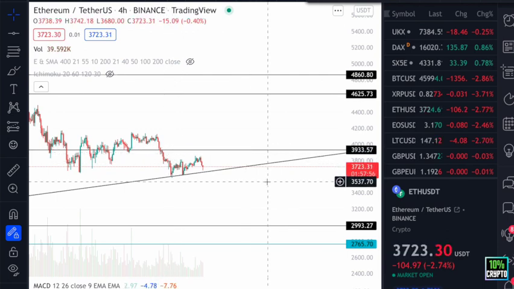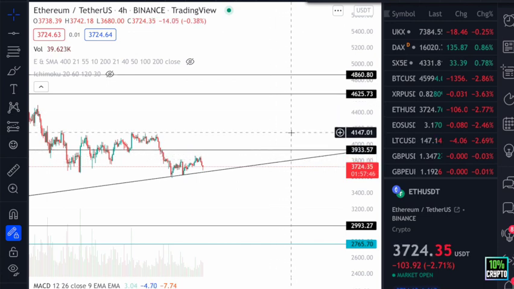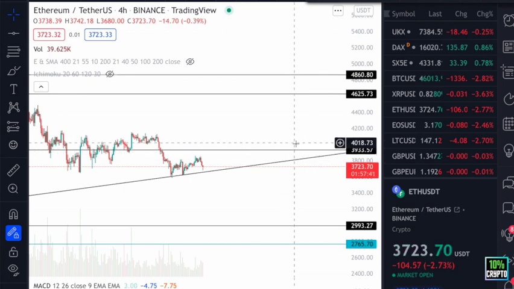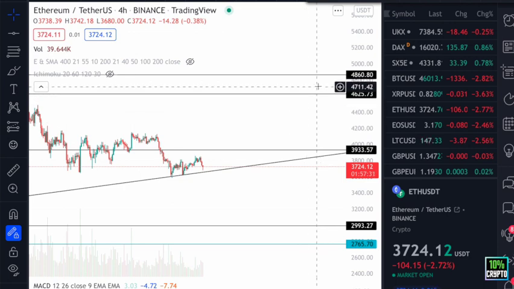An ascending triangle is usually a bullish continuation pattern, meaning price would come up somewhere in here and keep getting squeezed. If this really is an ascending triangle and it breaks upwards, I'd like to see price break up, use this level as a support level, and if it confirms that this is now a support instead of a resistance, I'd probably long Ethereum from here, target around here or here.